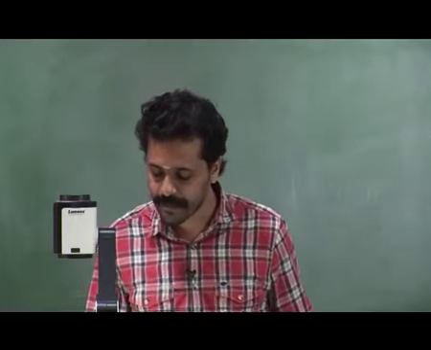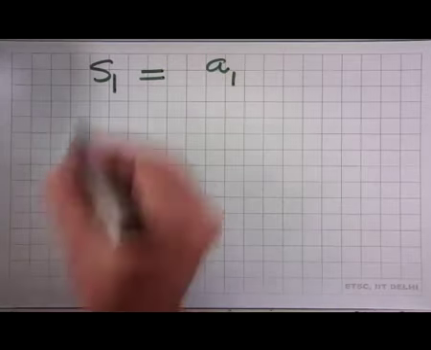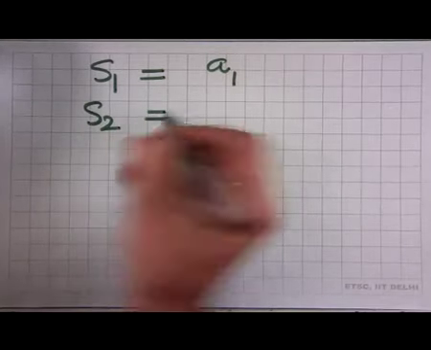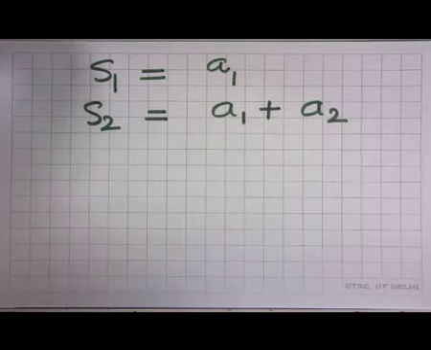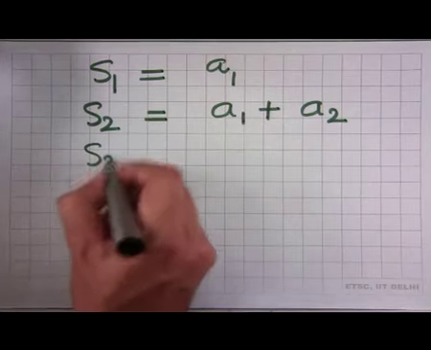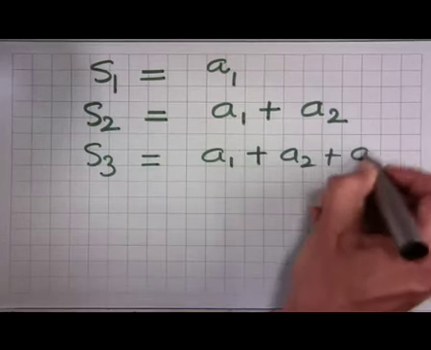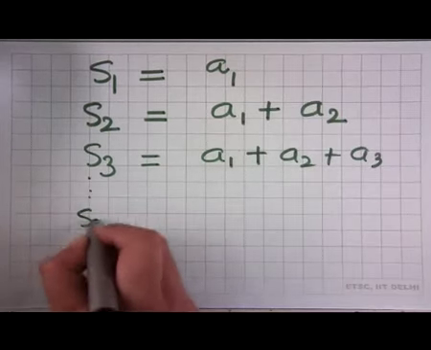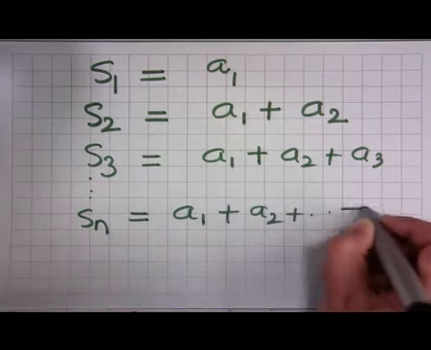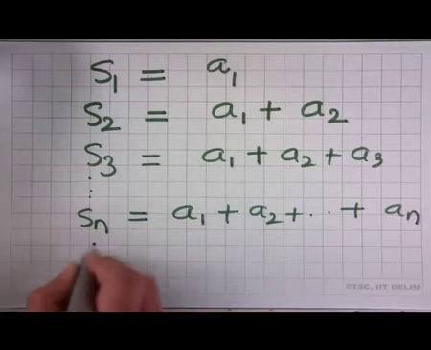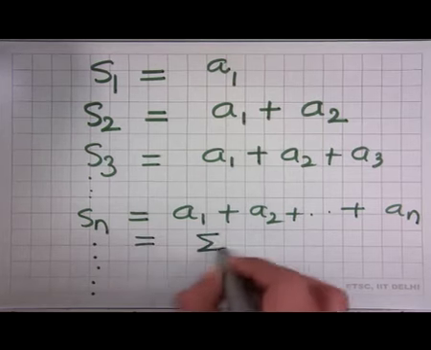The first term S1 is the same as a1. The second term S2 is the sum of the first two terms of the given sequence. S3 is a1 plus a2 plus a3. So on, Sn is a1 plus a2 plus etc. plus an. Sn can be denoted using sigma notation.